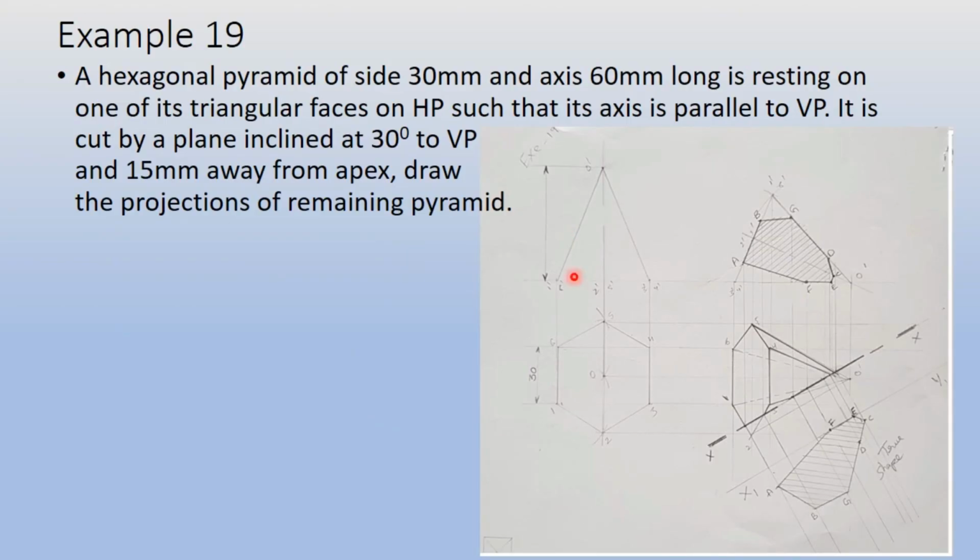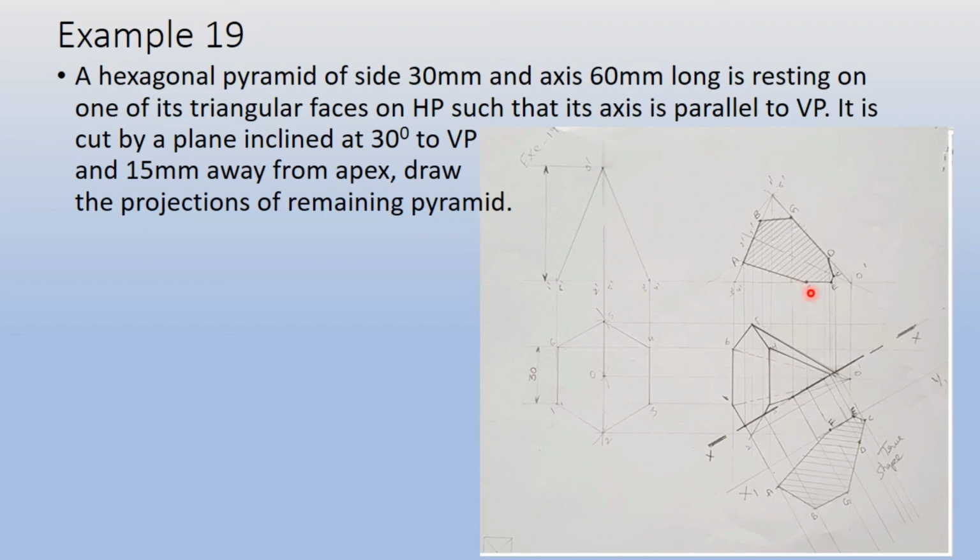So this is the final solution of example 19. As you can see on your screen, this is our assumption that the hexagonal pyramid is directly standing with its base on HP. The front view is a triangle and the top view will be a hexagon. And we have made this base edge, this triangular face here, as you can see in the dotted lines.